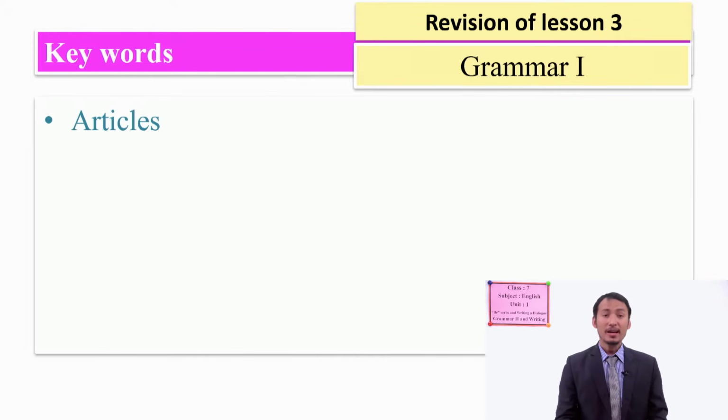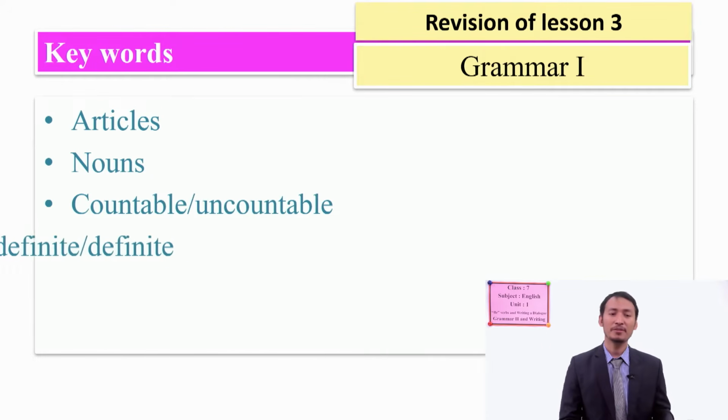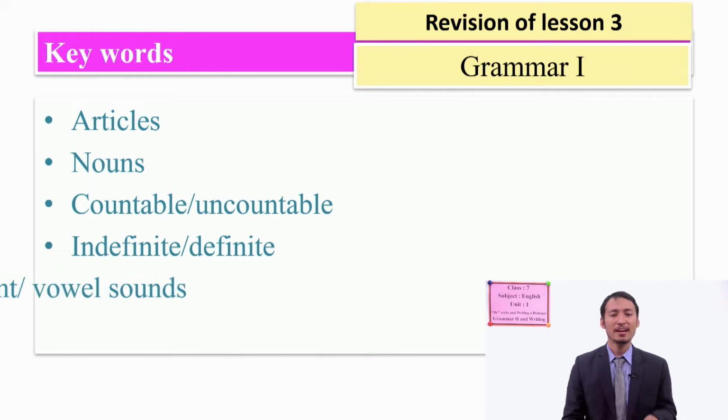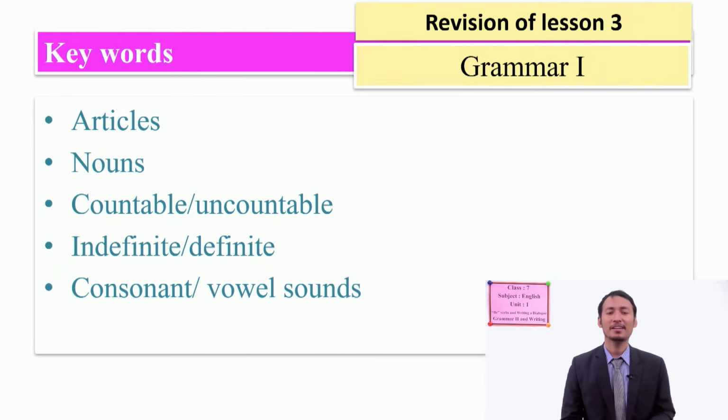So we also learned about different types of nouns, countable and uncountable, and we talked about the definite and indefinite articles, and we also talked about consonant and vowel sounds in the previous lesson. Do you remember them? Okay, that's very good.